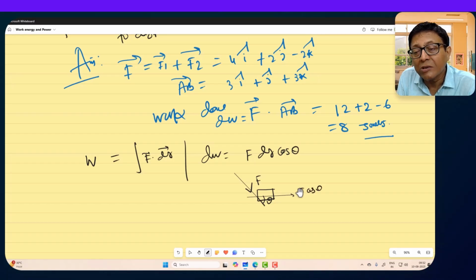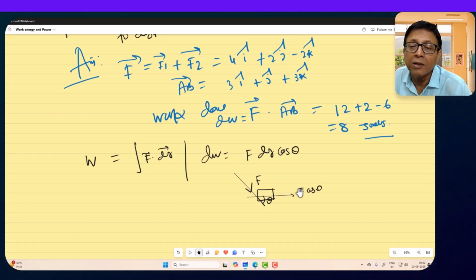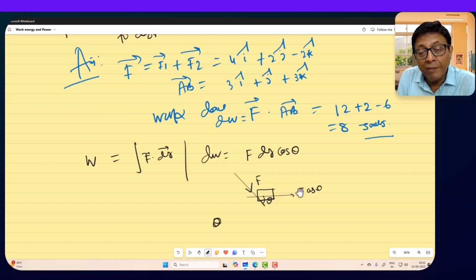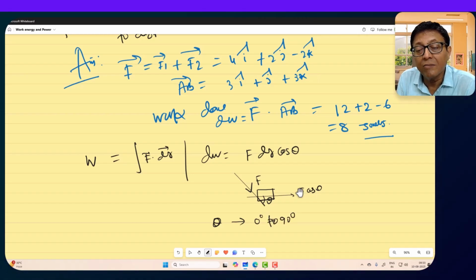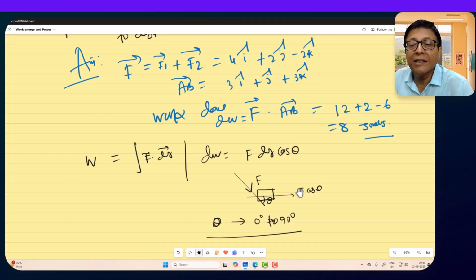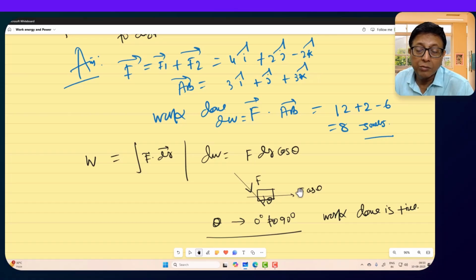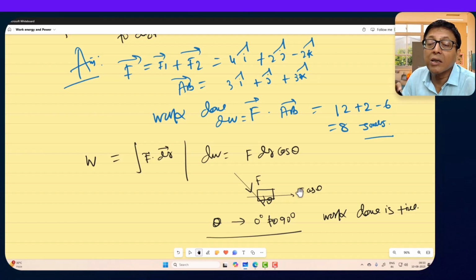The component this way, F cos theta, is responsible for the displacement. Now this theta may be from 0 to 90 degrees. In that case work done will be positive. So if theta remains acute, 0 and just before 90 degrees or 90 degrees, then work done will be positive.